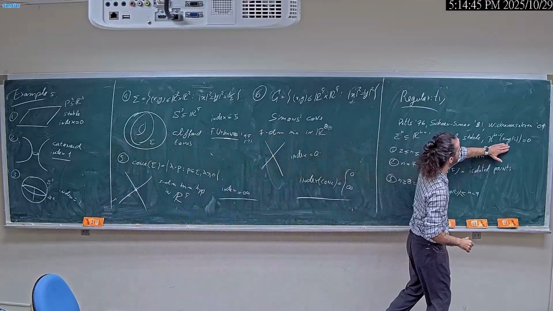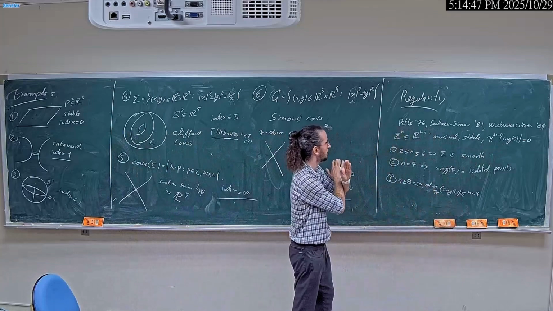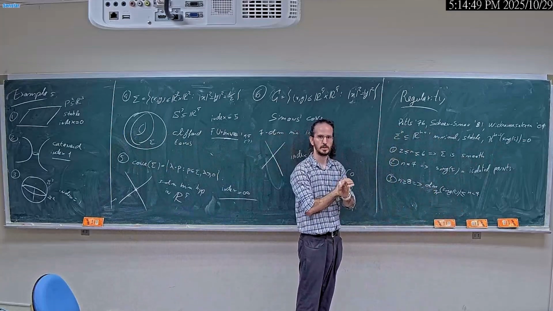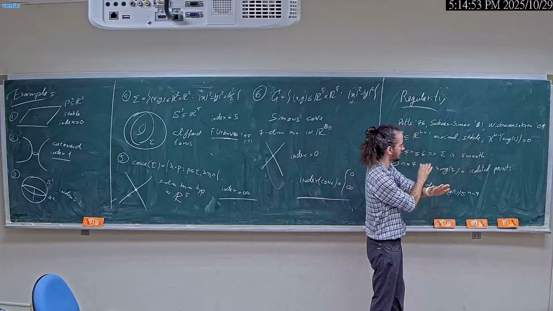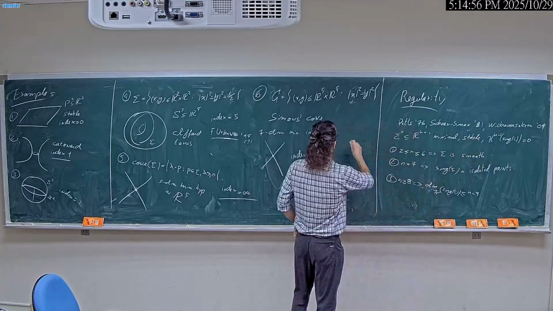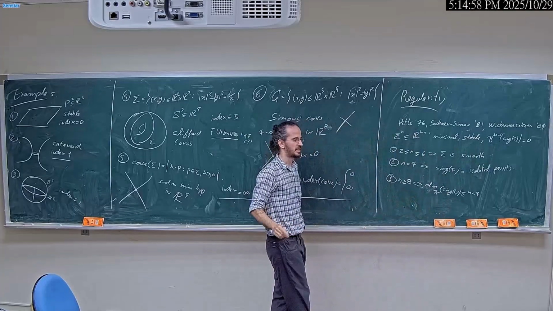So this condition is just saying I'm looking at surfaces that are not immersed. Okay. So it's a little bit more than that, but I don't want to get too technical. But essentially, I don't allow immersions. I don't allow self-intersections.